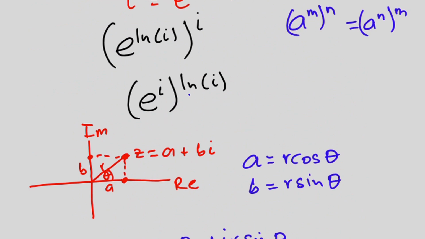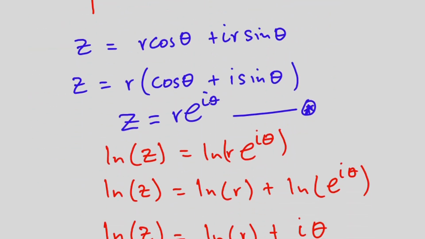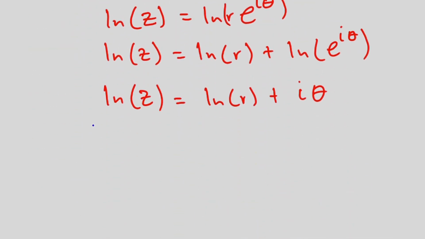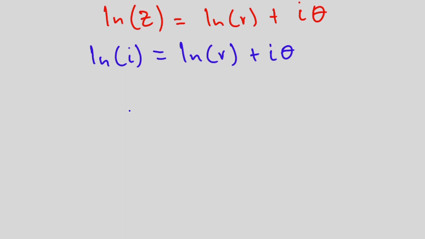With this one, we can just find what ln of I is using the equation that we just found. So we're going to have ln of I equal to ln of r plus I theta. Now let's represent this on the complex plane.